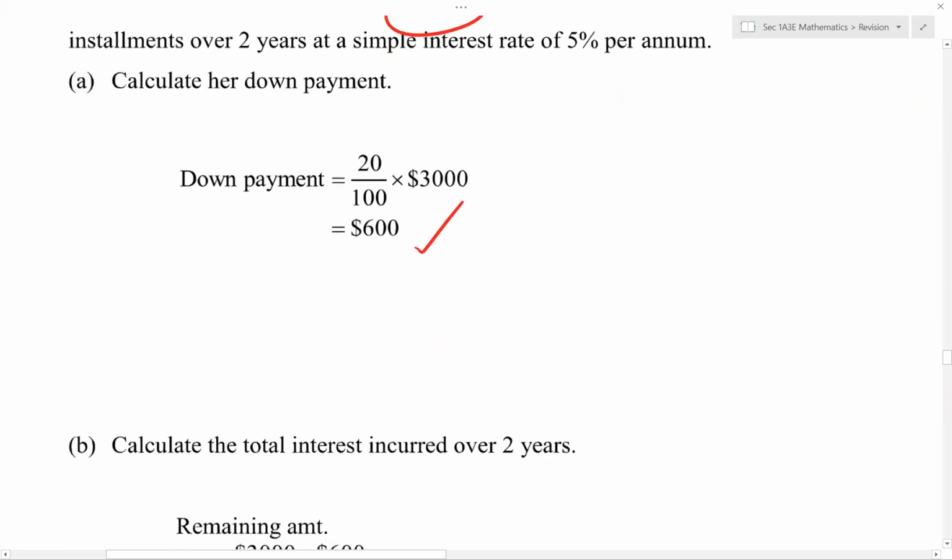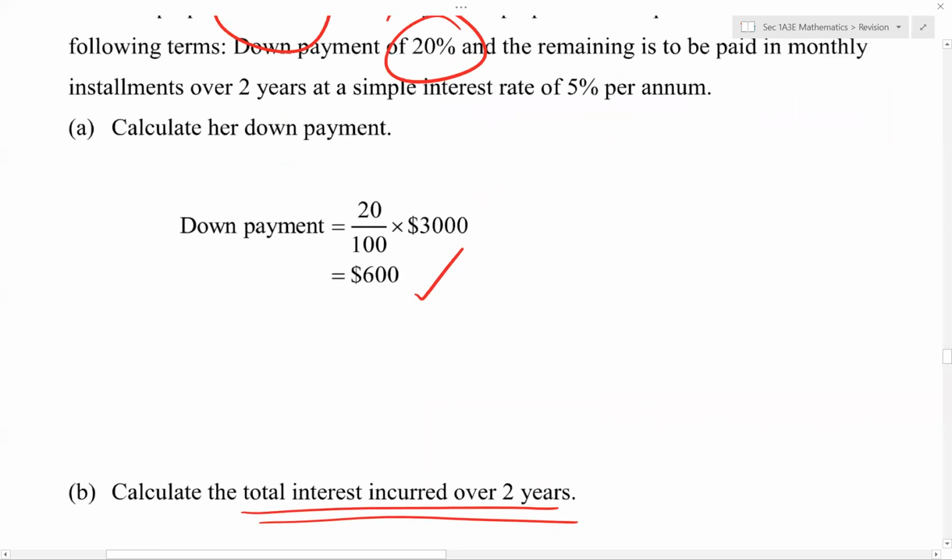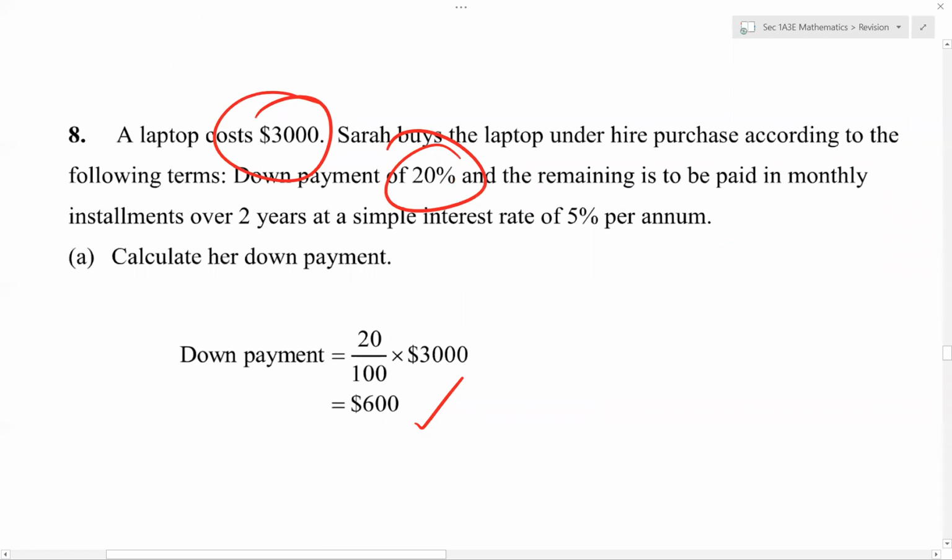Part B. Calculate total interest incurred over 2 years. So this is the situation. Sarah buys a laptop, but Sarah doesn't have $3,000 with her, but she desperately needs the laptop. So she only has enough to pay for the down payment of $600, and she walks away with the laptop.